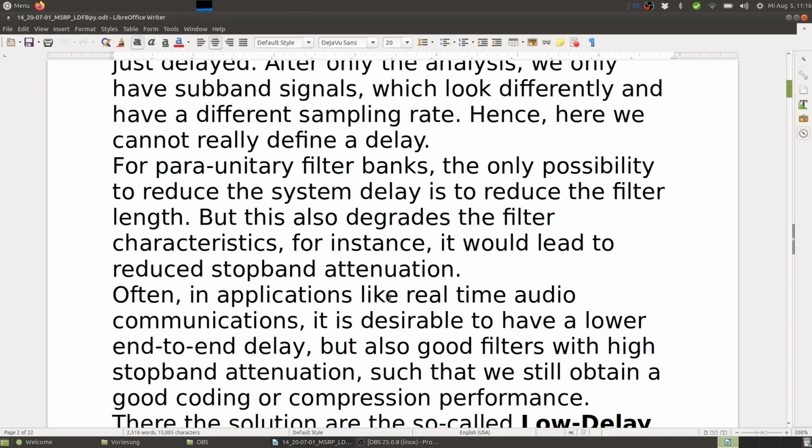Often in applications like real-time audio communications, it is desirable to have a lower end-to-end delay, but also good filters with high stop attenuation, such that we still obtain good coding or compression performance. So we want good compression performance, for instance in our teleconferencing scenario, but we also want short delay such that we have easy communications without pauses.